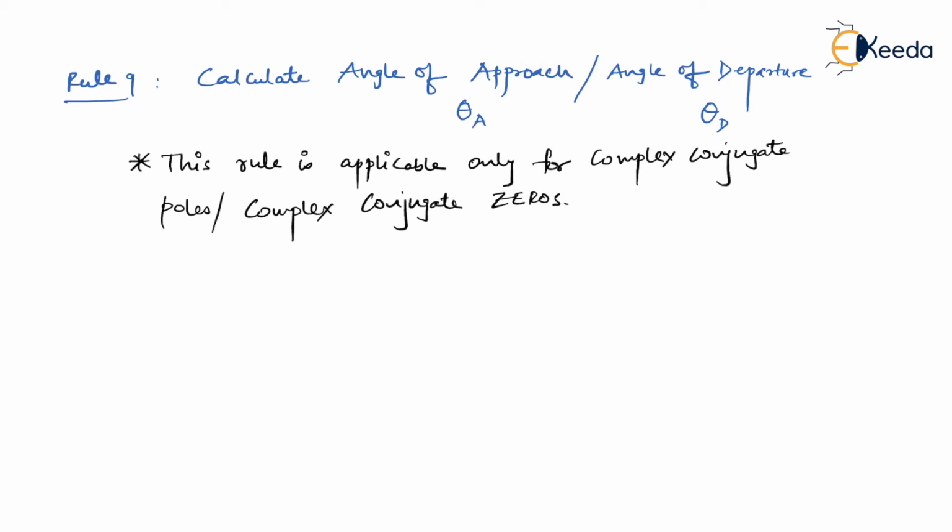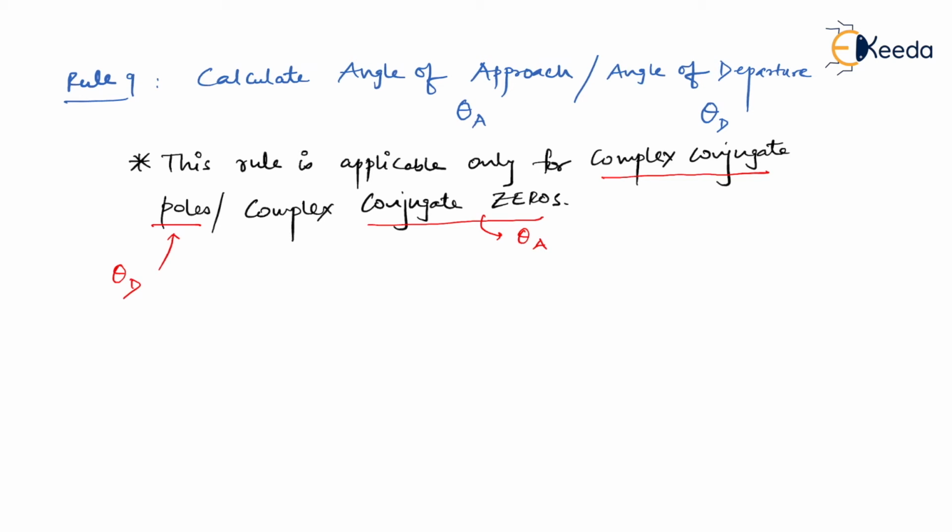For complex conjugate poles, you need to calculate the angle of departure, that is theta D. And for complex conjugate zeros, you have to calculate theta A, that is the angle of approach.